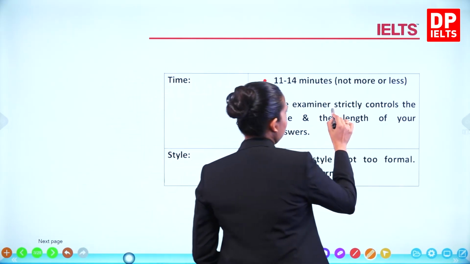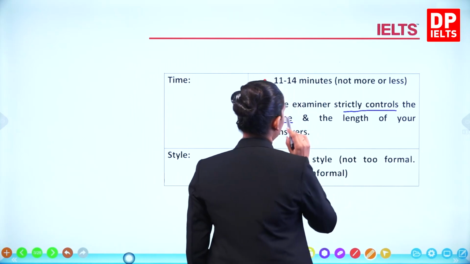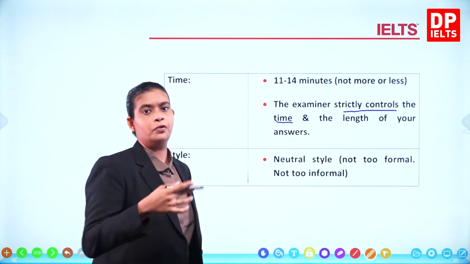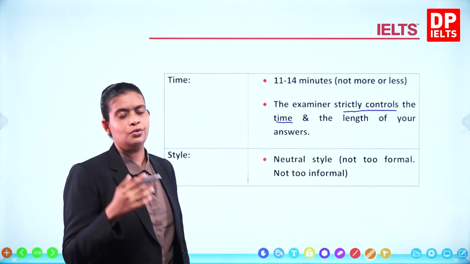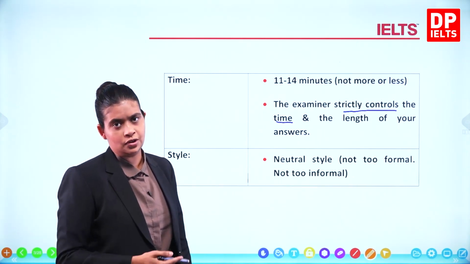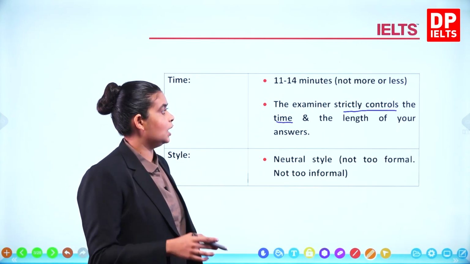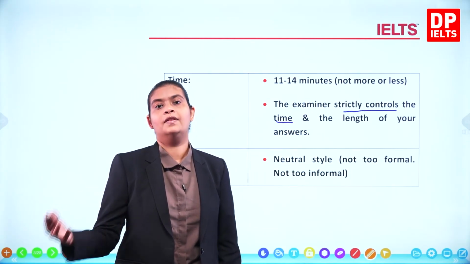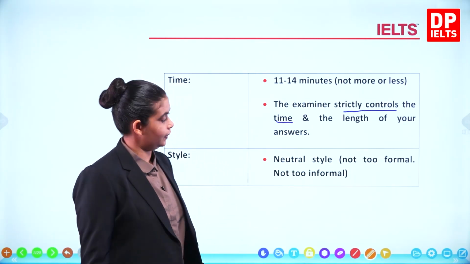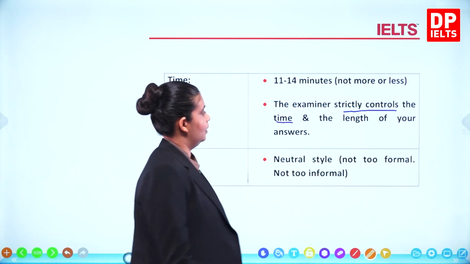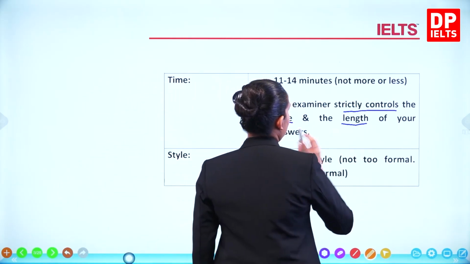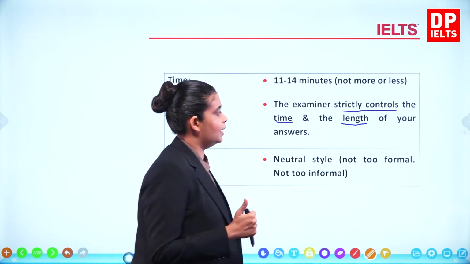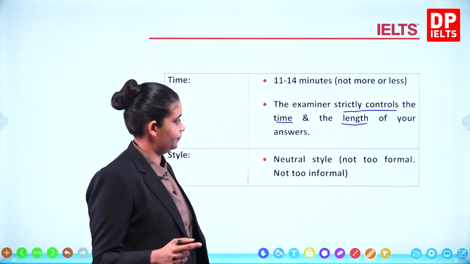So the examiner will make sure that he or she will watch the time and then move from section 1 to section 2 and then from section 2 to section 3, and they will control the length of your answer. So sometimes they will say thank you and then move on into the next question, okay? So there are 2 things that the examiner controls: the time and the length.